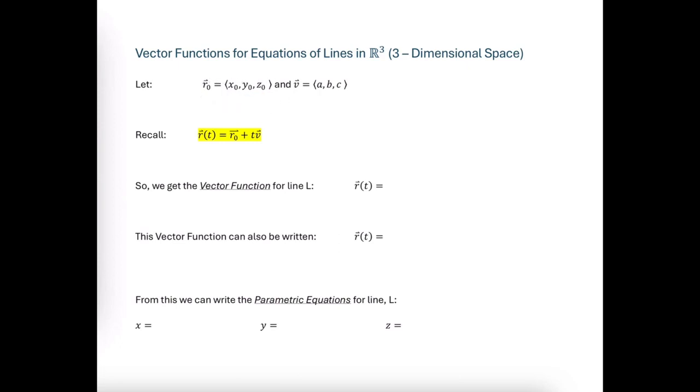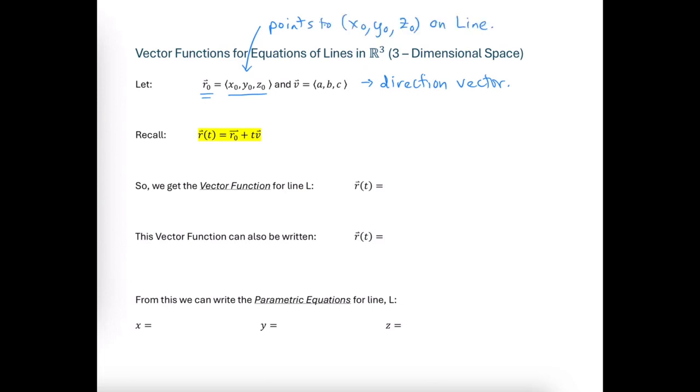And what we will refer to as a direction vector, or a vector in the direction of the line in question. This initial position vector gives me a vector that points to an ordered triple that is on the line.